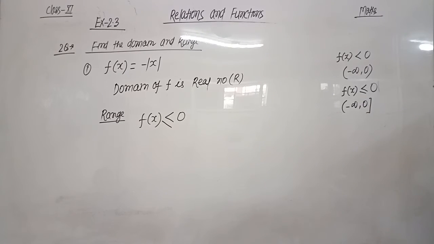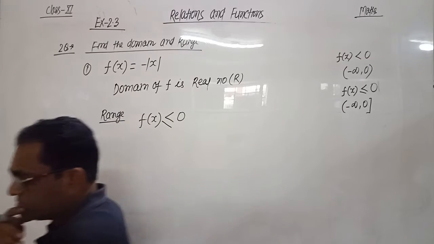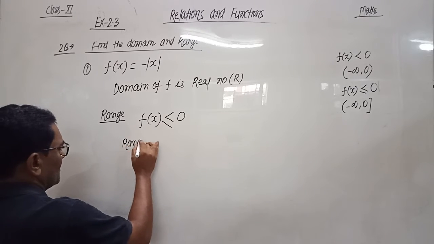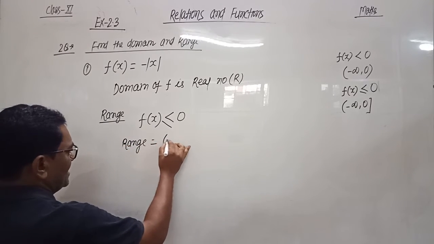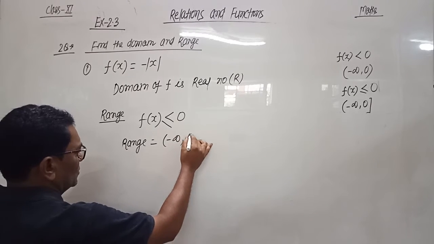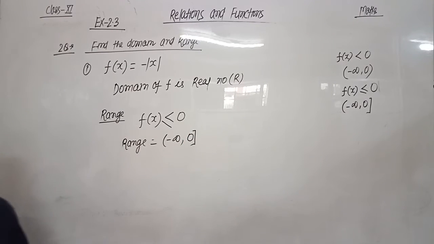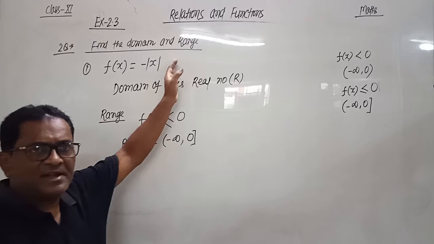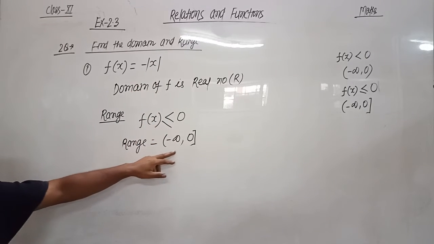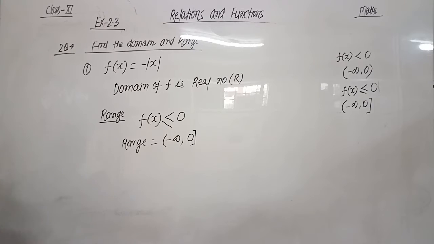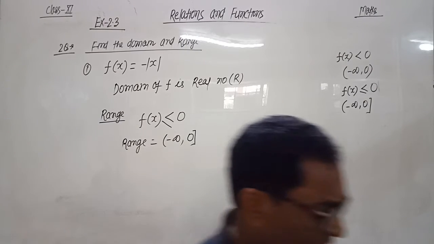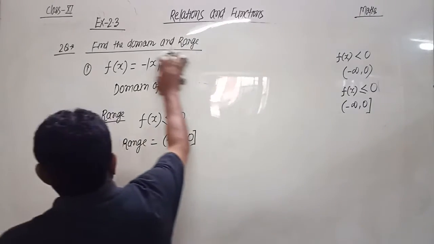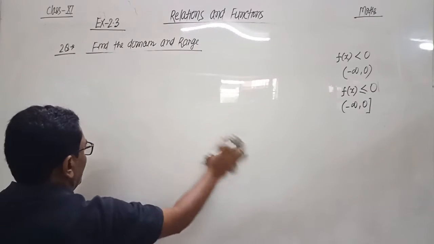So for f(x) less than equals 0, we can write its range equals minus infinity to 0 with a closed bracket at 0. So the domain of this function is the real numbers R. We can take any real value, and the range is from minus infinity to 0.